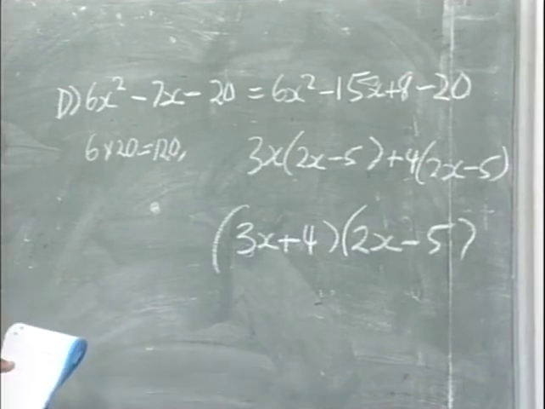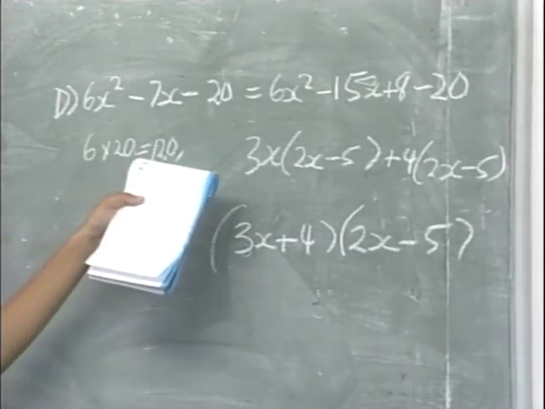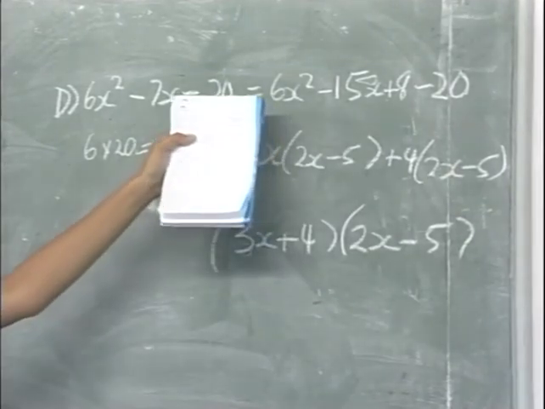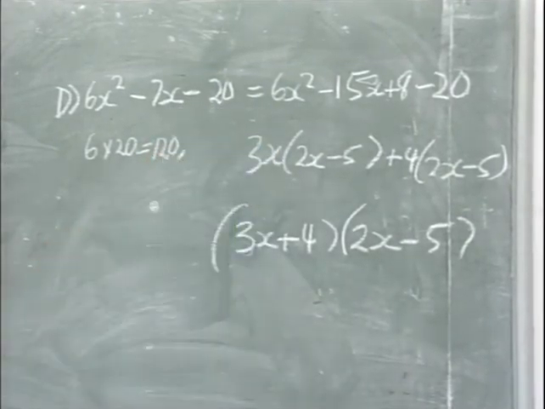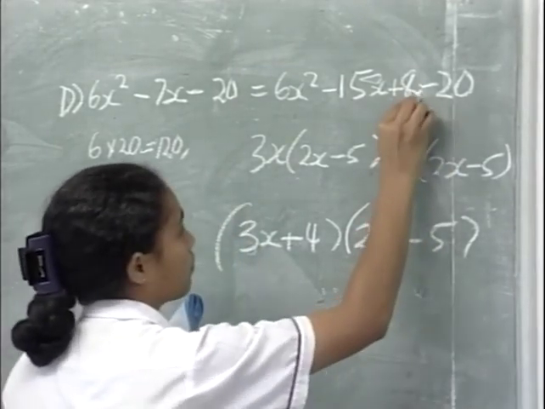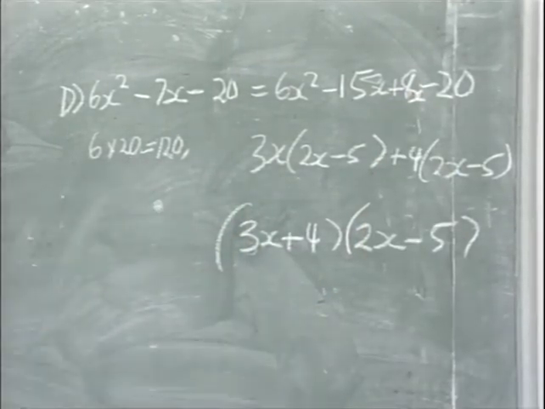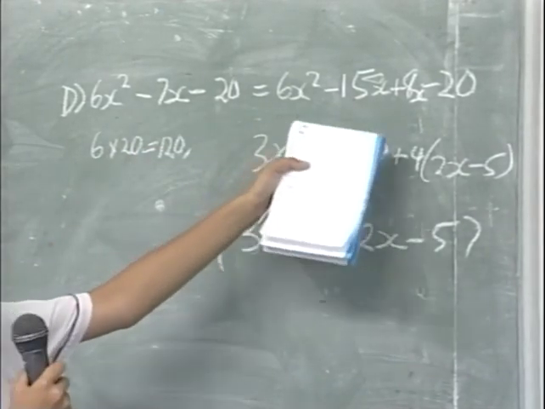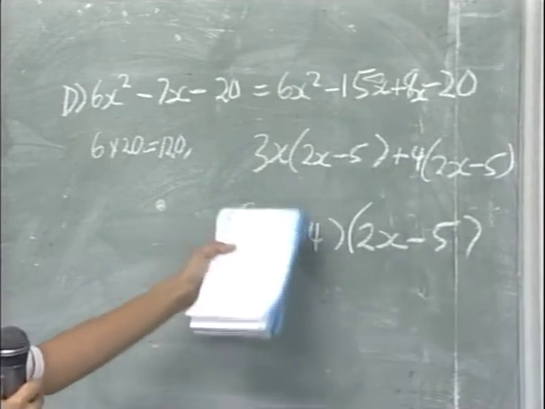So after finding that, you have to rewrite the expression to include these two terms: 6x squared minus 15x plus 8x minus 20.